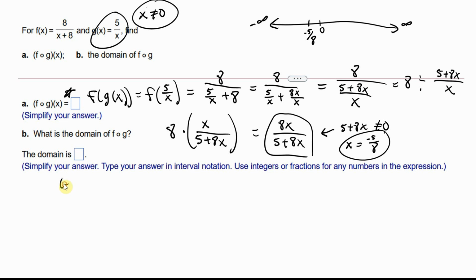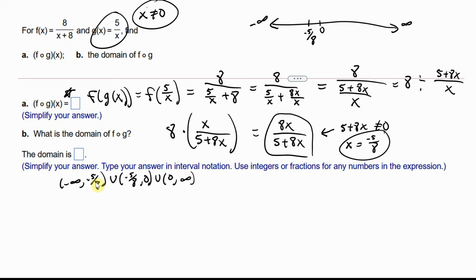So our domain is negative infinity to negative 5 over 8, parentheses, union with negative 5 over 8, comma 0, union 0 to positive infinity.